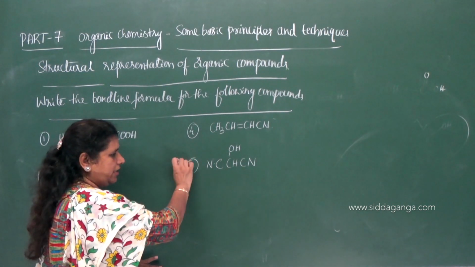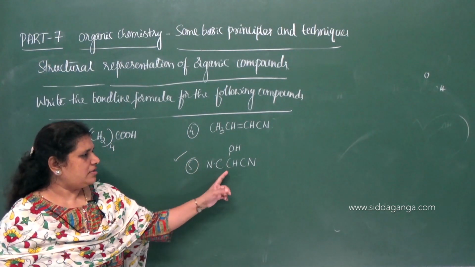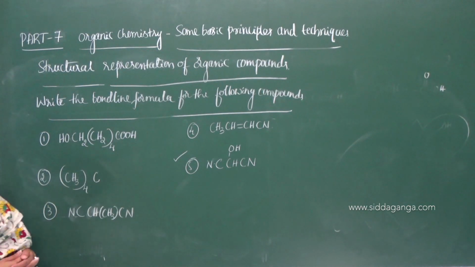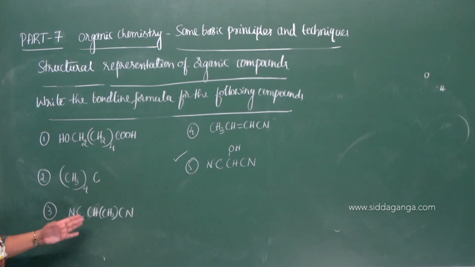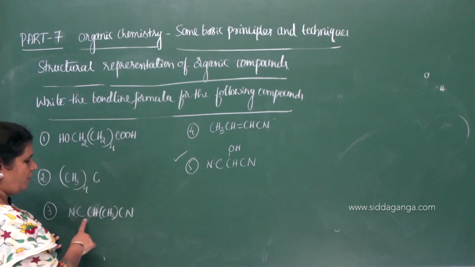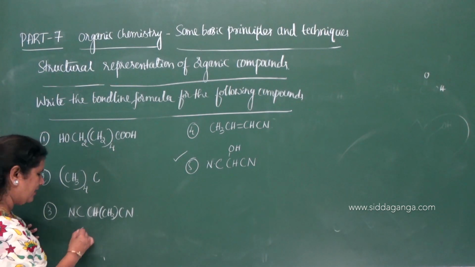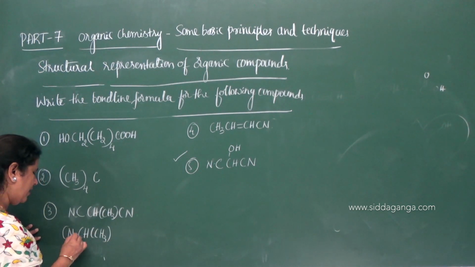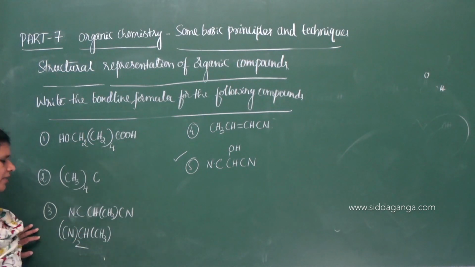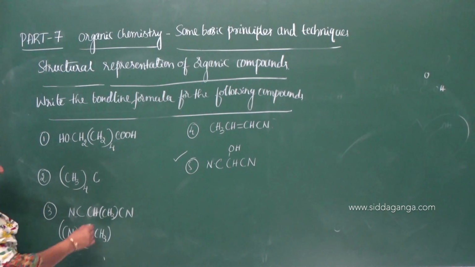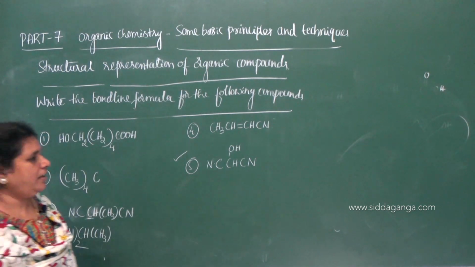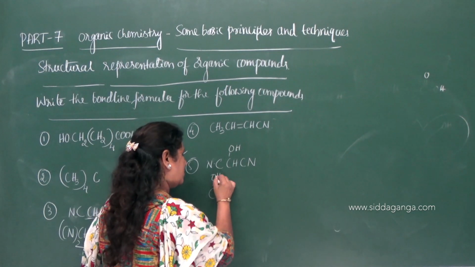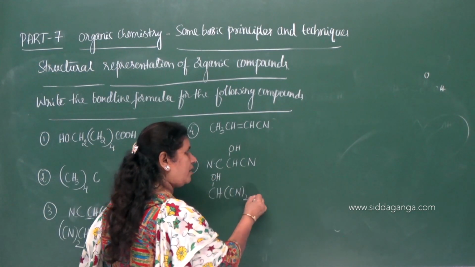So this is your in-text question. CN CHOH CN. Now if a condensed formula is given, you can represent it directly as a bond line formula. You can even condense this formula like this: CH3 and CN twice. That also you can write to satisfy the tetravalency of this carbon. And here also you can write CHOH CN taken twice.